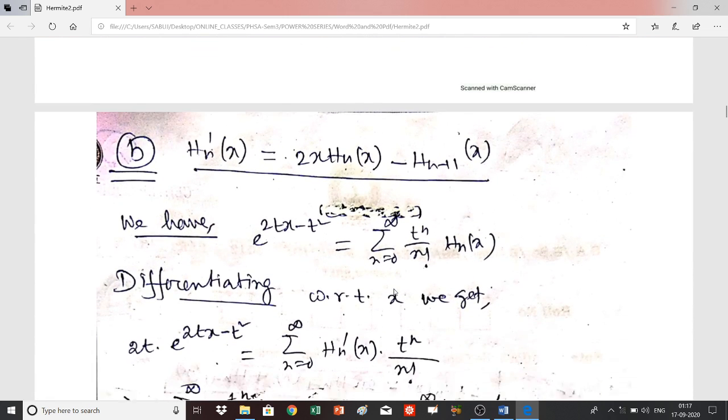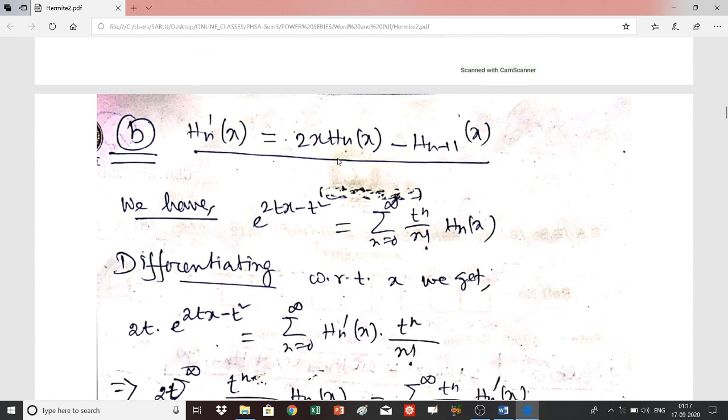The second one is h_n prime(x) equal to 2x h_n(x) minus h_(n+1)(x).